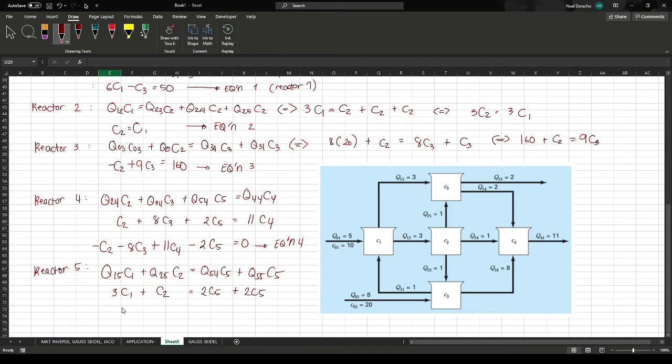So that is negative 3 C1 minus C2 plus 4 C5 is equals to 0. This is your equation 5.